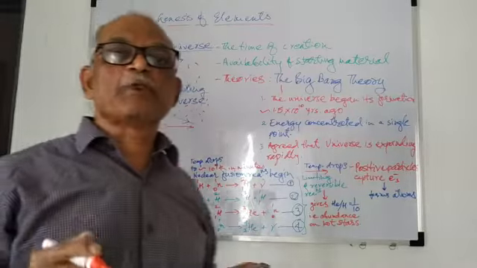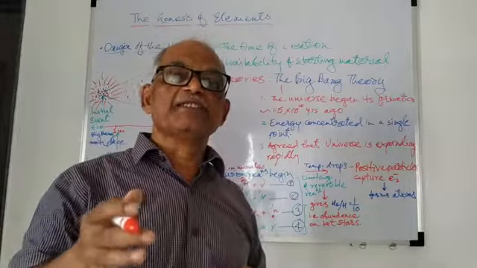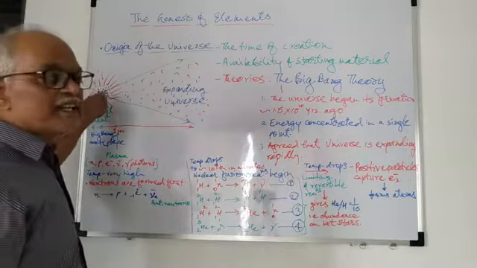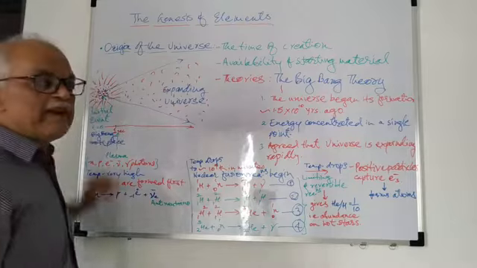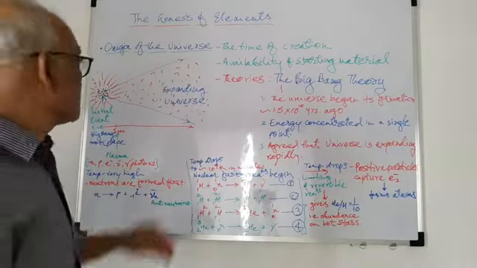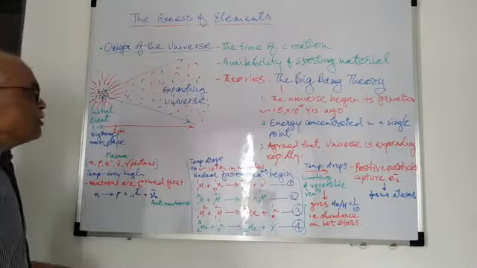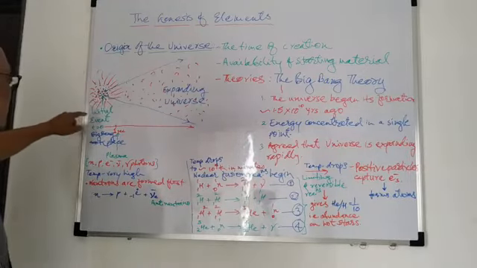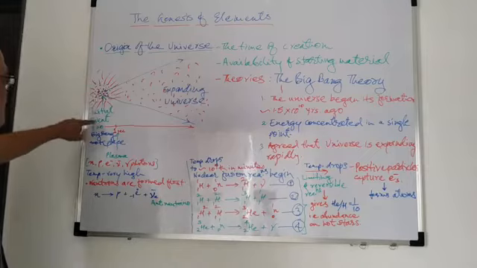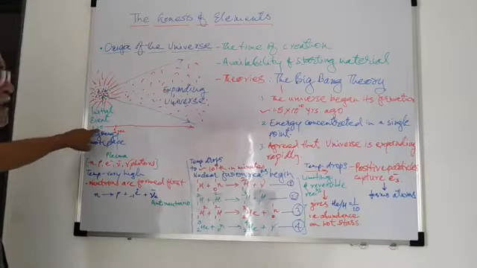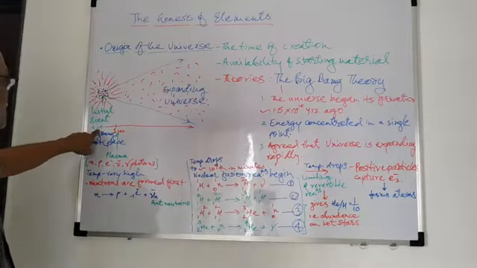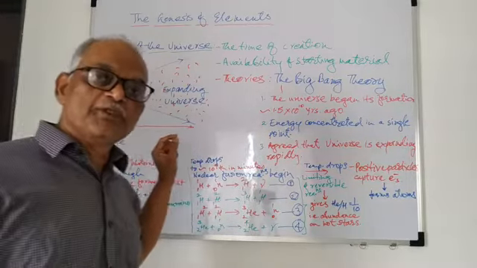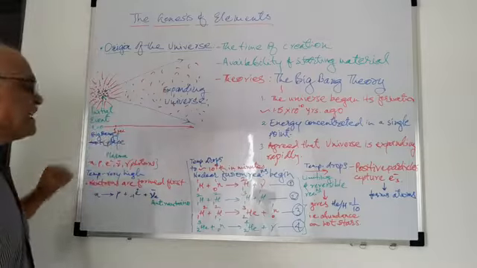So all these forces are converted into a single force, and that single force works here in this compact form of the universe. According to this theory, this is the initial state of the universe, that is, time is 0. So at this time 0 of the universe, the Big Bang takes place.